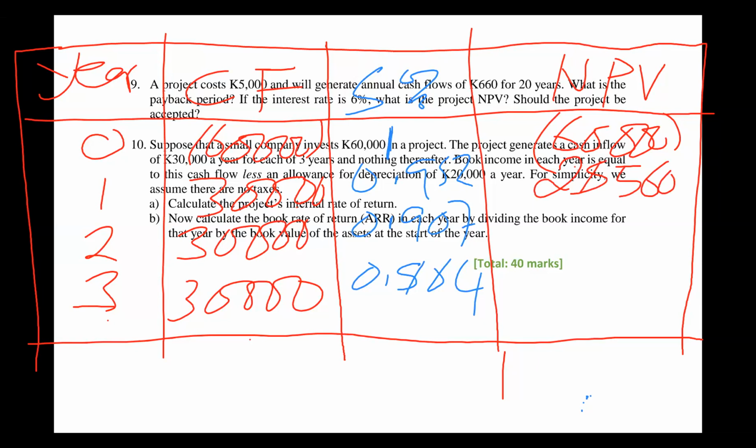What about the second one? 27,210. I see where the challenge is. The next one, the number you find will be bigger now. What about the next one? 25,920.